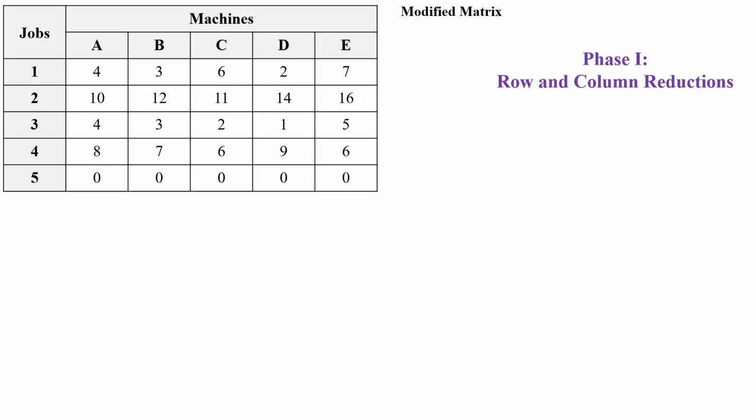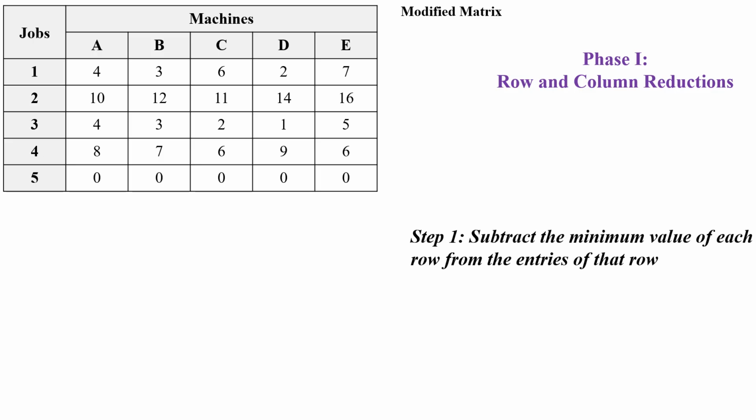In the Hungarian method, the first phase is row and column reductions. For this, the first step is to subtract the minimum value of each row from the entries of that row. Now we determine the minimum value from each row. In the first row, the minimum value is 2.